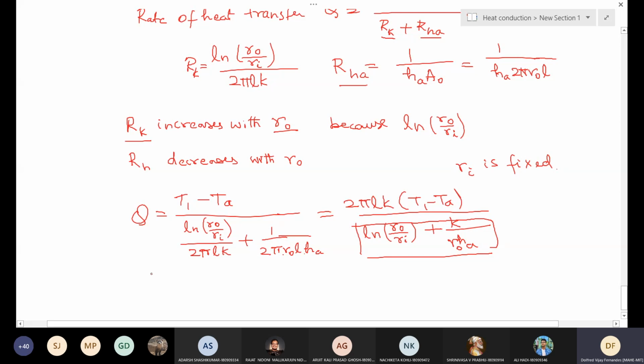The quantity ln R0 by Ri plus K divided by HA into 1 by R0 will decide the rate of heat transfer.